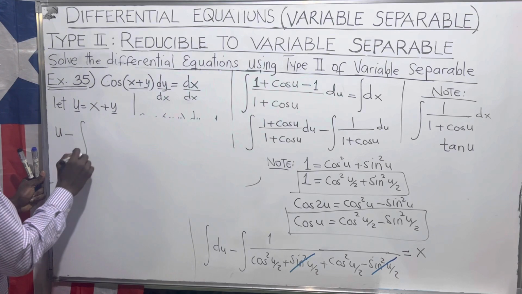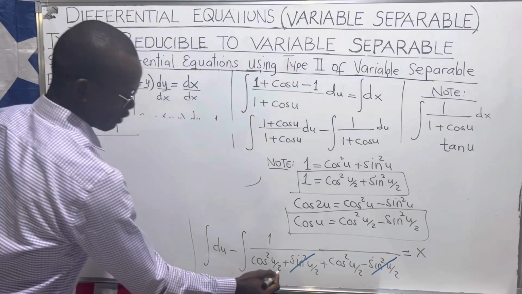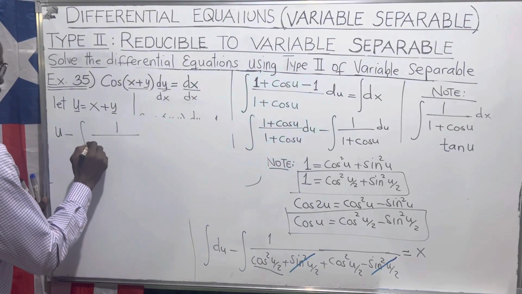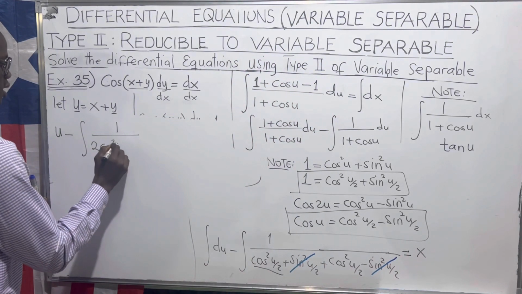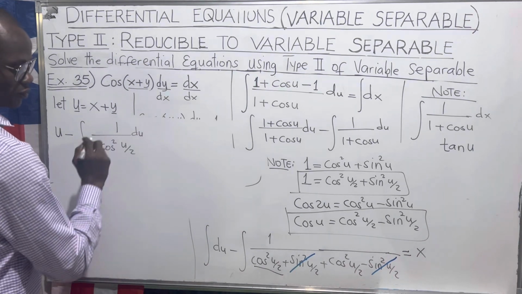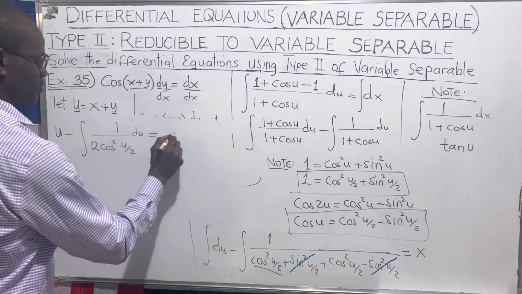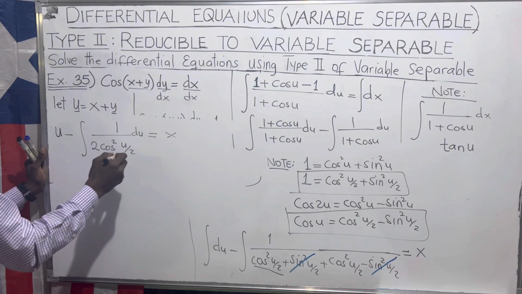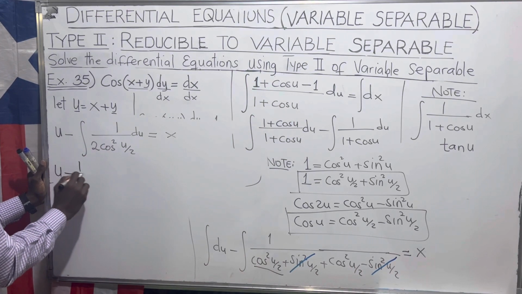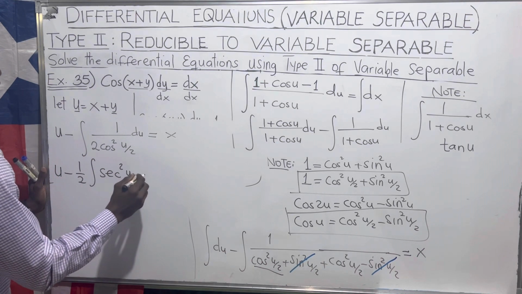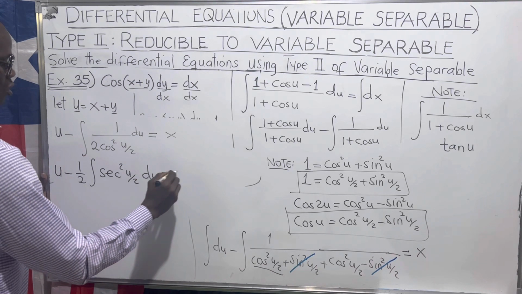We'll be left with 1 all over cos square u over 2 plus cos square u over 2, which gives us 2 cos square u over 2, du equals x. That's what we got. Now 1 over cos is just equal to secant. So there is secant square u over 2 du equals x.